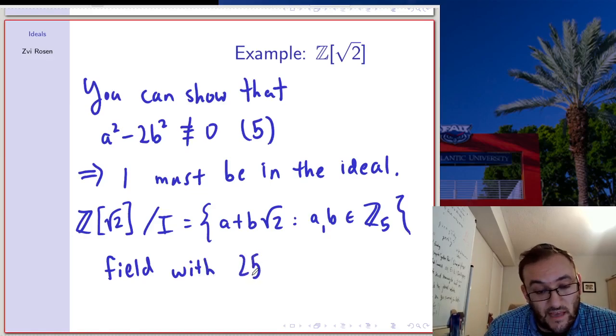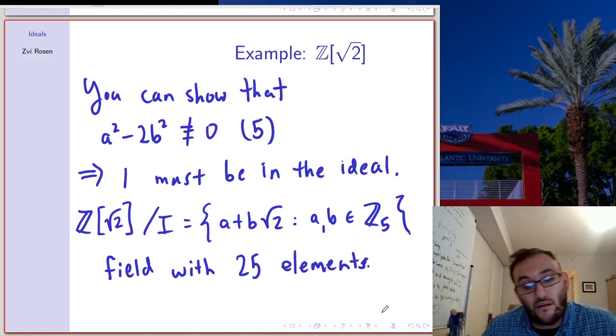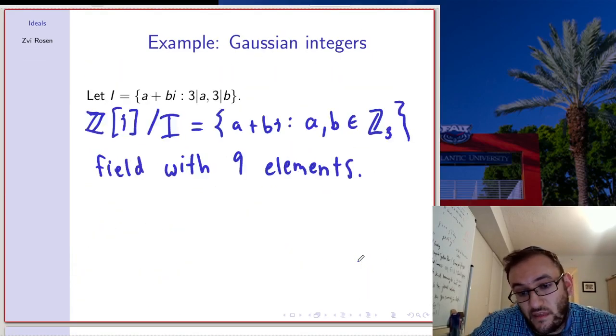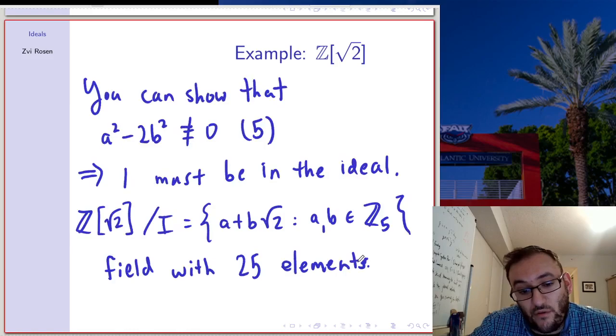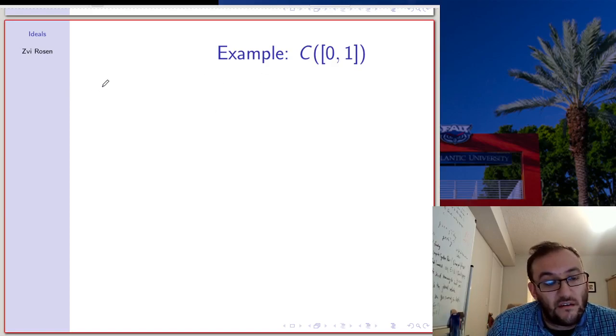Okay, because as we said, the quotient by any maximal ideal is a field. And something you'll notice about the fields we've looked at so far is that we have prime powers as the cardinality of each of them. That's no coincidence.